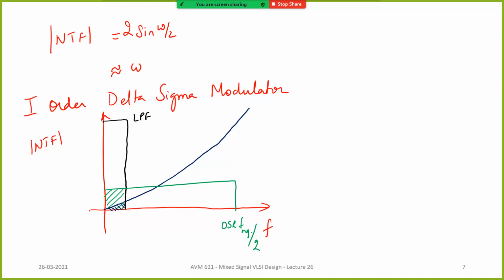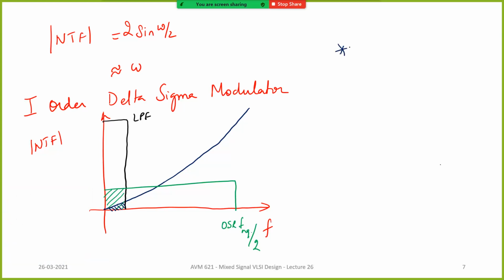Now we must understand that the overall noise is going to be the same. The total integrated noise power from, let's say, minus OSR times F Nyquist by 2 to plus OSR times F Nyquist by 2 remains the same. That is very important for us to understand.